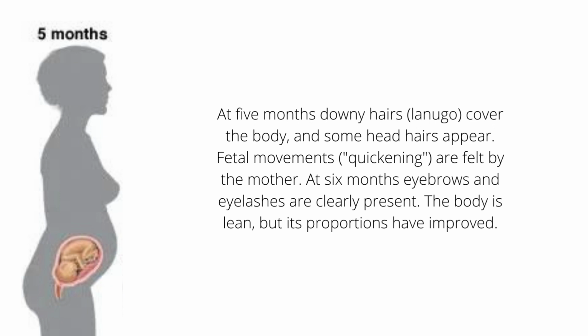At 6 months, nag-form na ang eyebrows, eyelashes, na, and then the body is lean but it has proportions. Na, nag-improve na ang proportions, ang ratio. The skin is wrinkled, reddish, no? And it is smeared with a greasy substance, which is called the vernix caseosa.